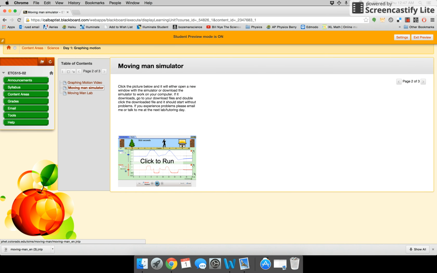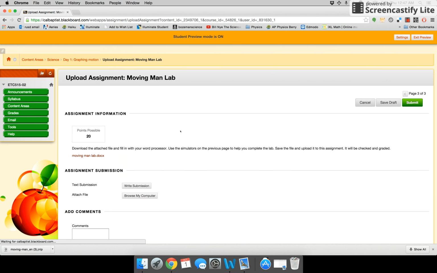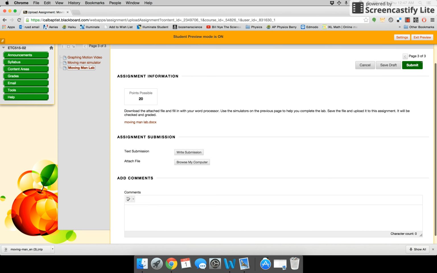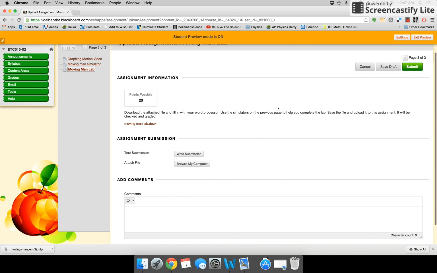So the simulation and the lab go together for every science lesson. Then they turn in the word processor file, whether it's Word, Open Office, Pages, or whatever. They just upload it to the assignment box right here, submit, and then I would grade it through Blackboard.